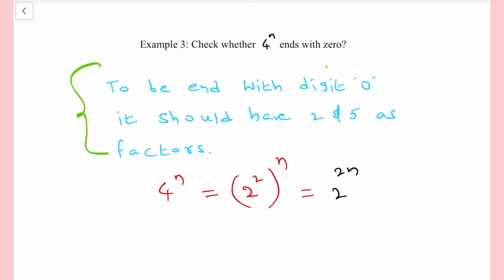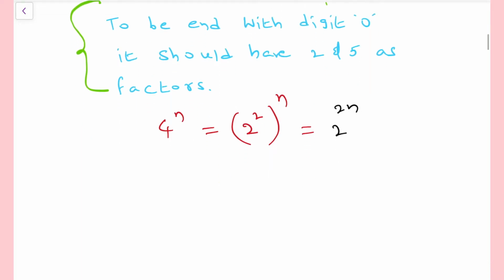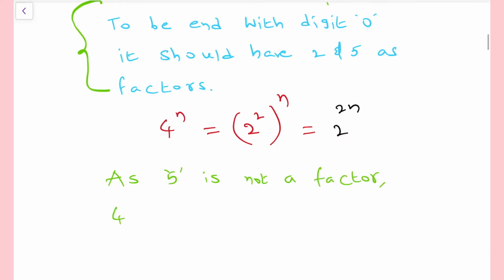So definitely this 4 power n cannot end with the digit 0. So we will write: as 5 is not a factor, 4 power n cannot end with digit 0.